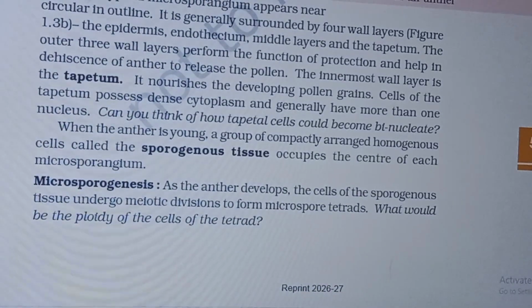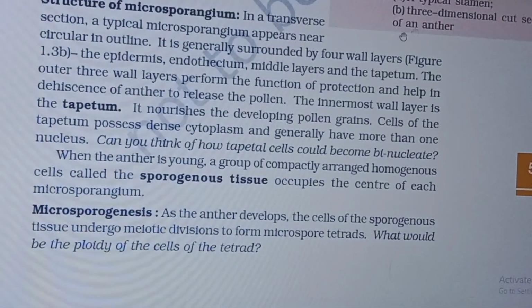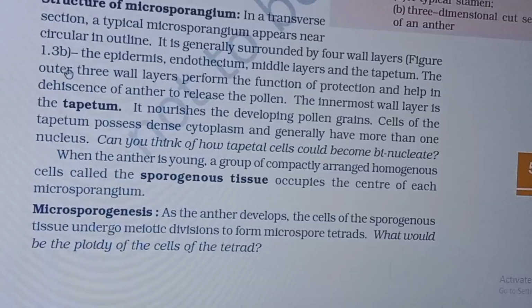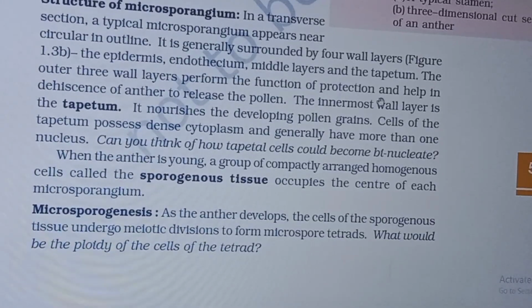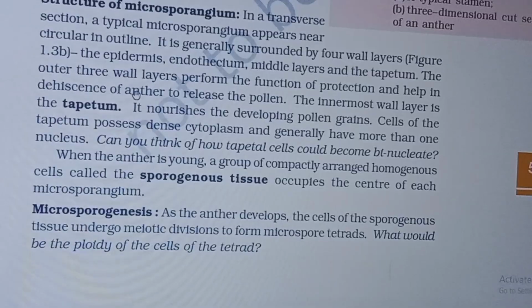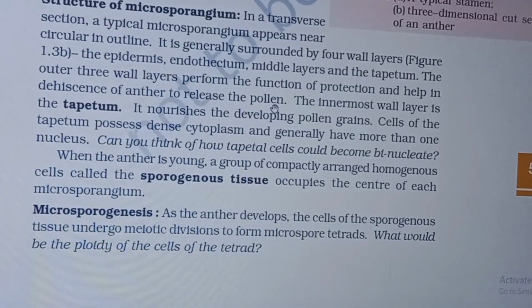Next we can learn the functions of these layers. The outer three layers, epidermis, endothelium, and middle layer, perform the function of protection and help in the dehiscence of the anther to release the pollen.